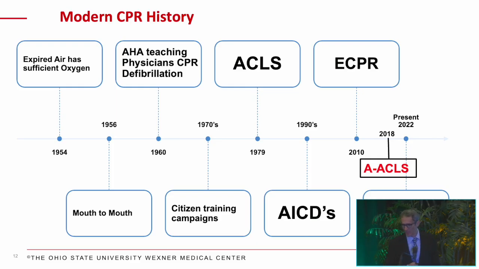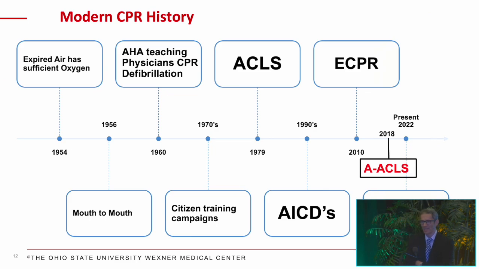So looking at a timeline of modern CPR, we see a couple of things. Modern CPR is actually pretty recent. The 1960s is when the AHA really started training physicians to resuscitate patients. And ACLS, I'm actually older than ACLS. That really started in 1979. And then, of course, AICDs became common in the 1990s, then ECMO CPR.